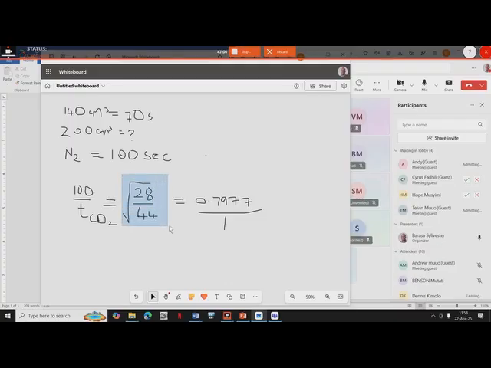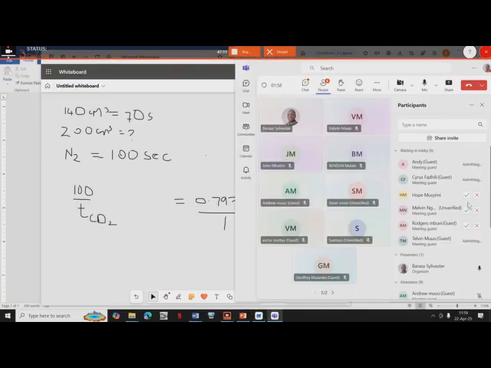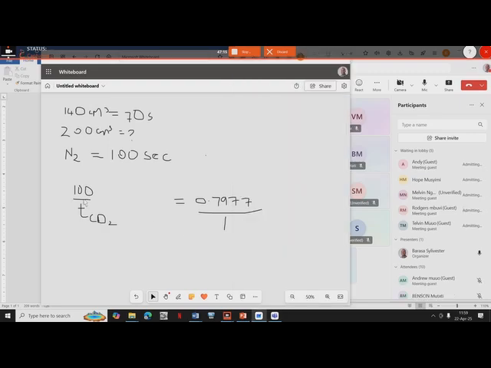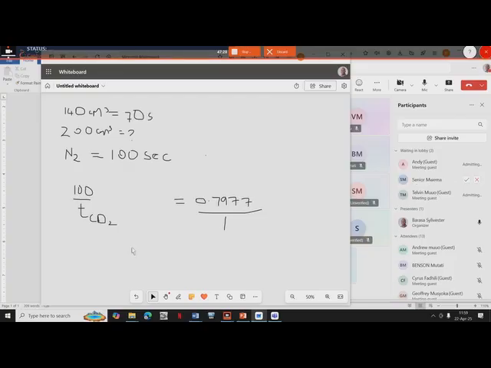Okay, so divide by 1. Then I can remove this one here. Yeah, so we have this one being equal to that. So if that's the case, then that's what we have.